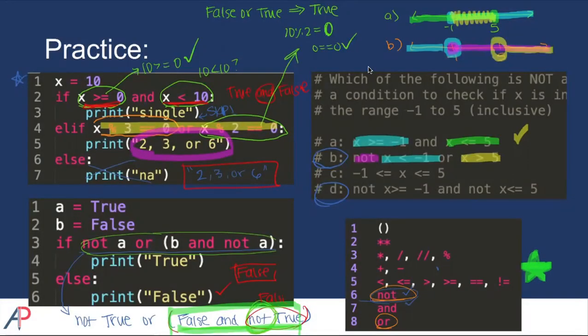So overall, if I look at this word or, it means anything that it touches: anything that my condition, not x is less than -1, and x is greater than 5, everything that those touch. Not x is less than -1 is right here.